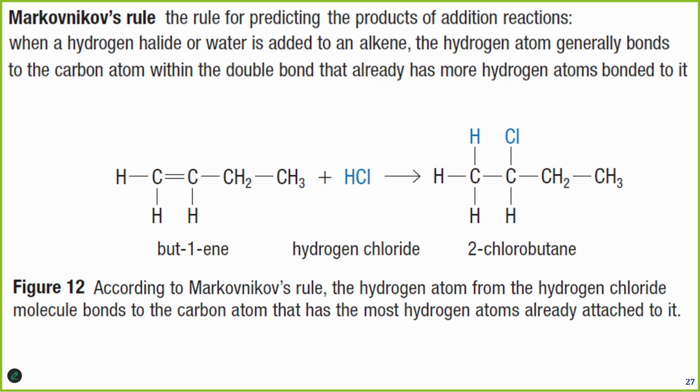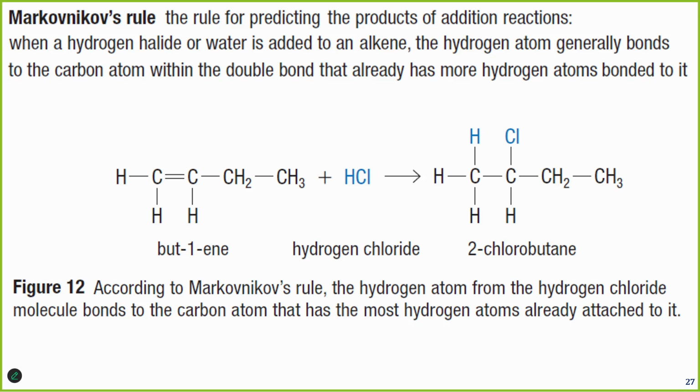For example, in figure 12, we know according to Markovnikov's rule, the hydrogen item from the hydrogen chloride molecule bonds to the carbon item that has the most hydrogen items already attached to it. Despite Markovnikov's rule, small quantities of the other product will be produced.